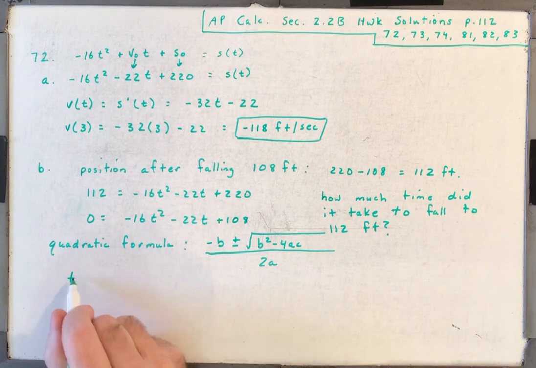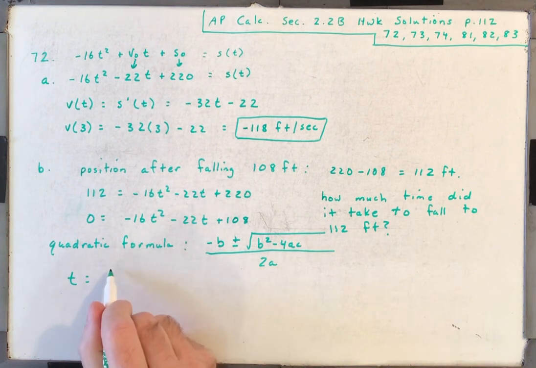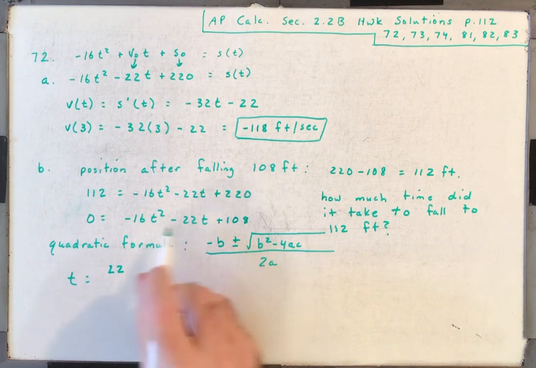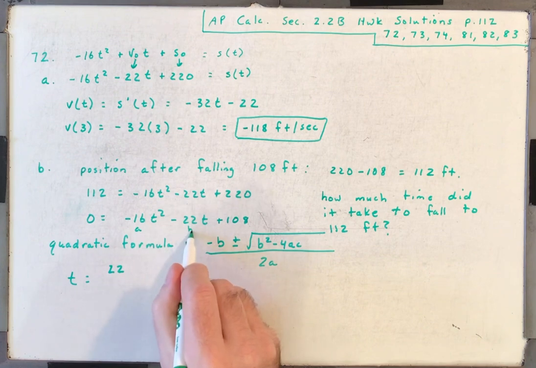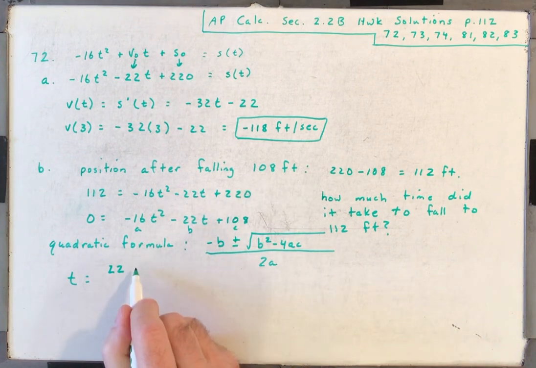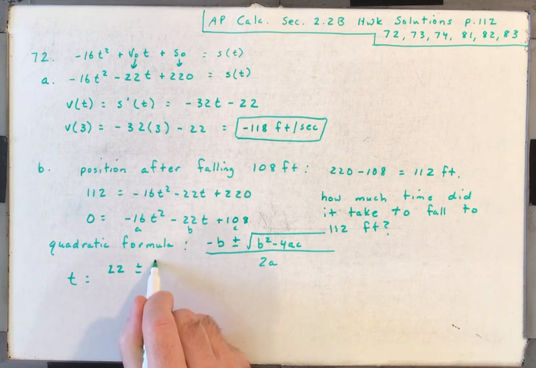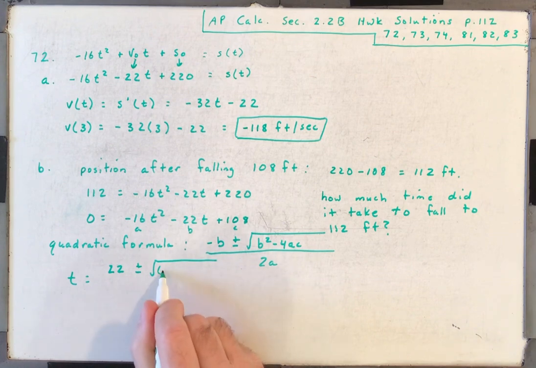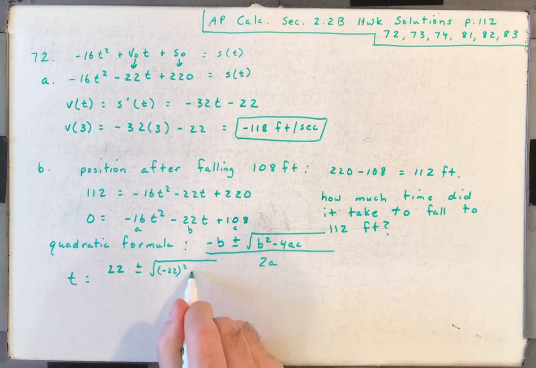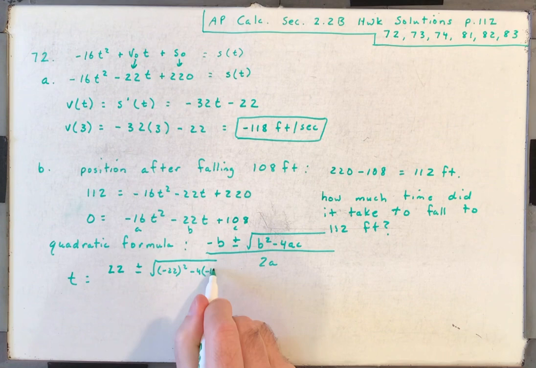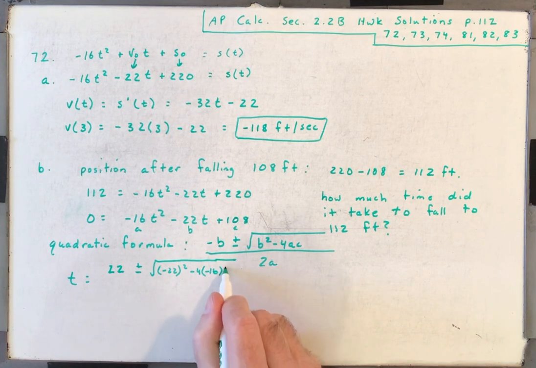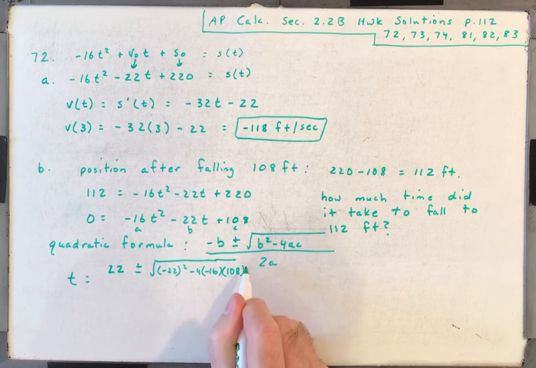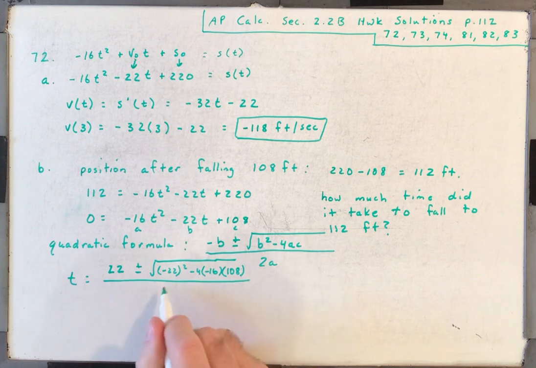So t is equal to negative b, that'd be positive 22, right? So this is a, this is b, this is c, negative b, plus or minus the square root of negative 22 squared minus 4 times negative 16 times 108, 4ac, all over 2 times negative 16.